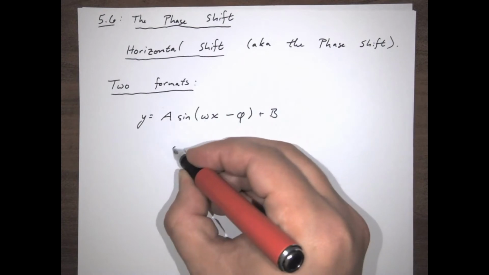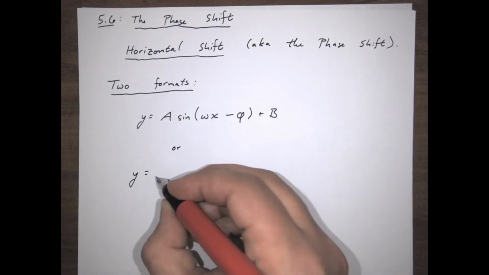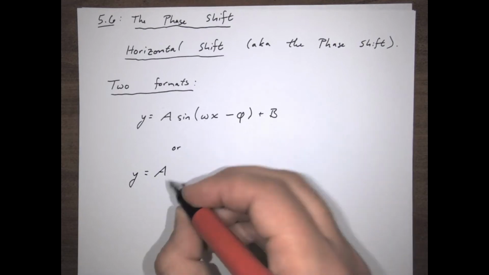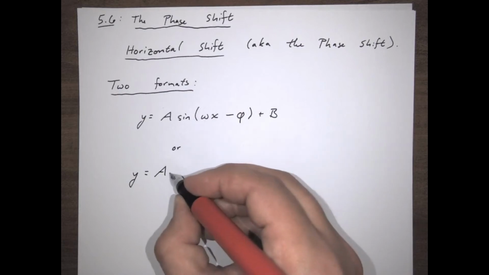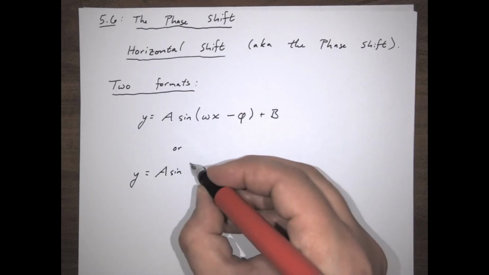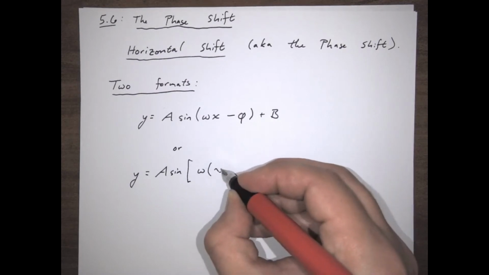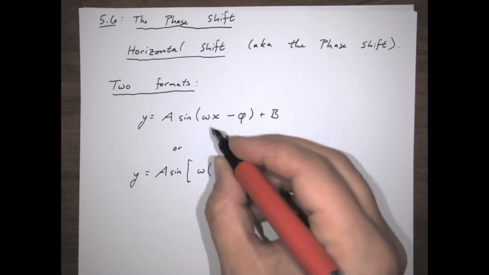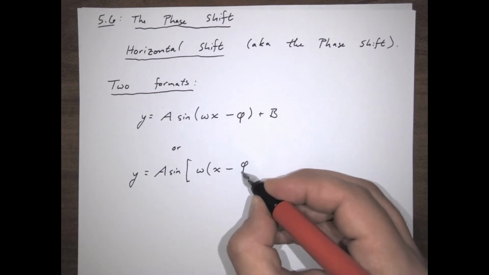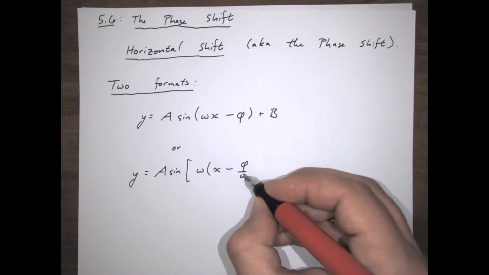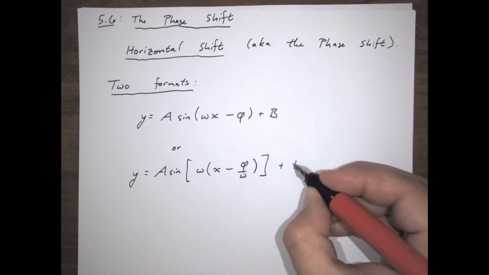Or the other version of this would be writing it with the omega factored out from inside those parentheses, which would make it a naked x there, and that will make this phi over omega, and then plus b.